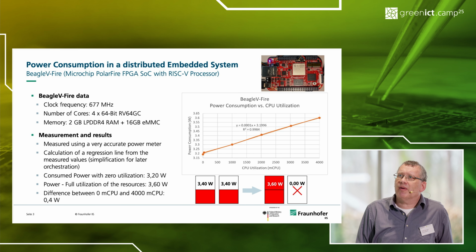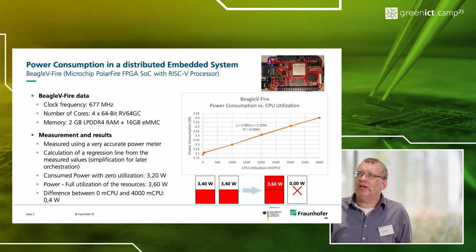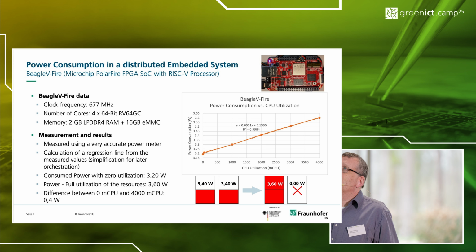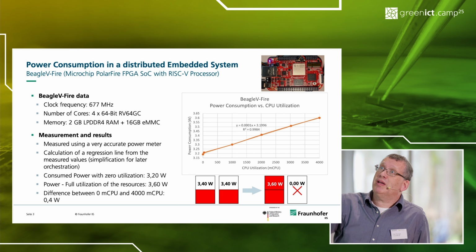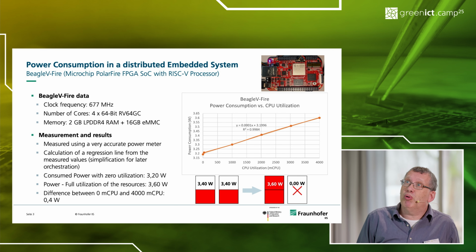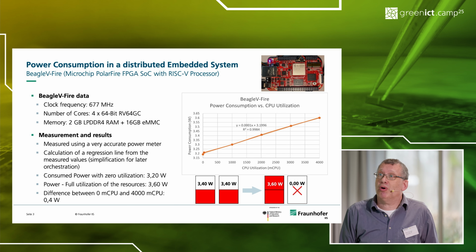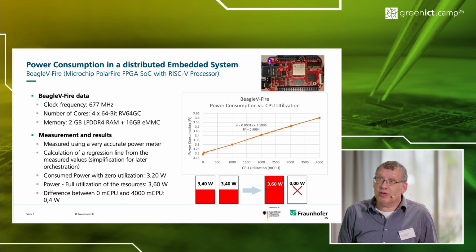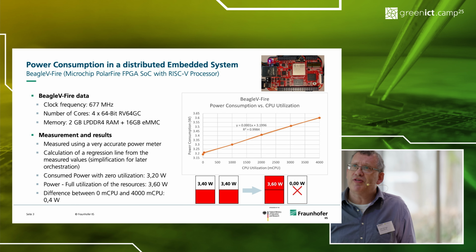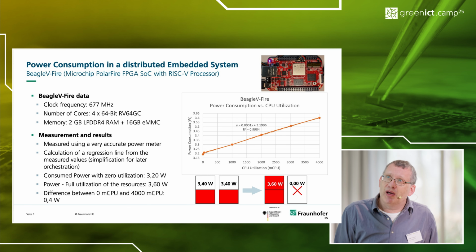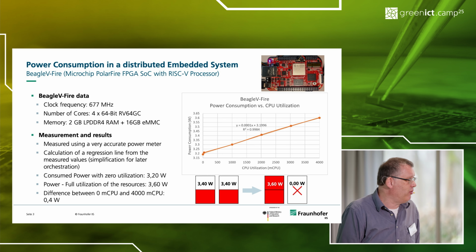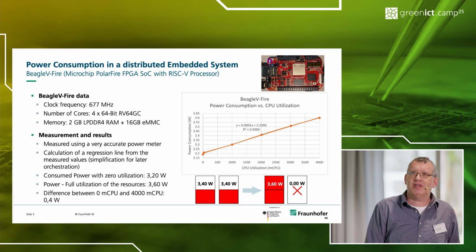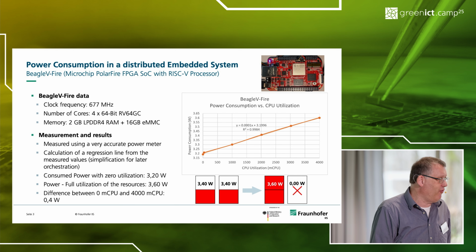And I have some additional information about other platforms we have analyzed in the past. For example, a Microchip PolarFire FPGA development board, which is very interesting because it also has a processor with 4 cores, but in this case 4 RISC-V cores, and RISC-V is a processor architecture which is well known to be very energy efficient.